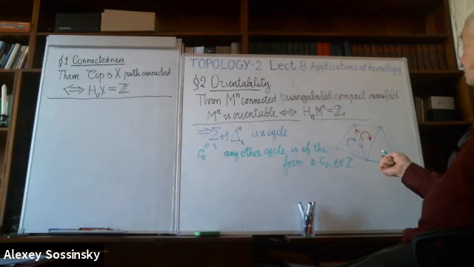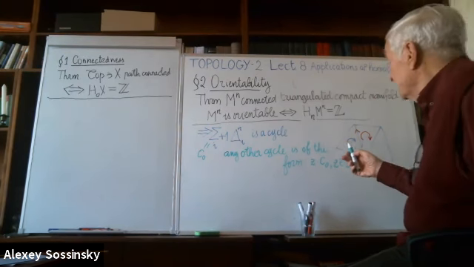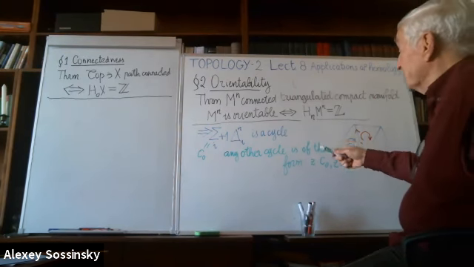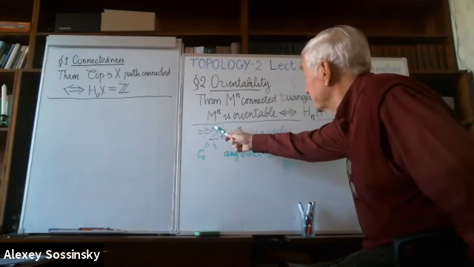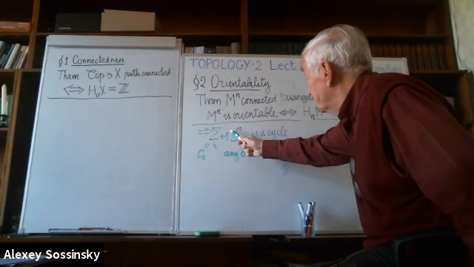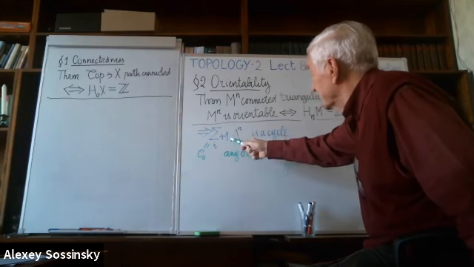And so the condition of the boundary being equal to 0 means that the cycle will have this form with a fixed integer here instead of +1.